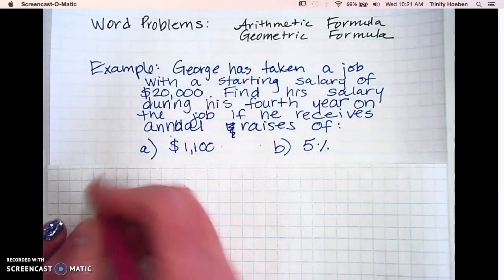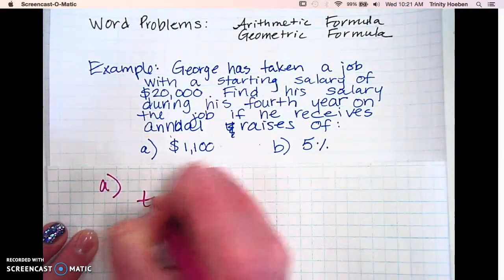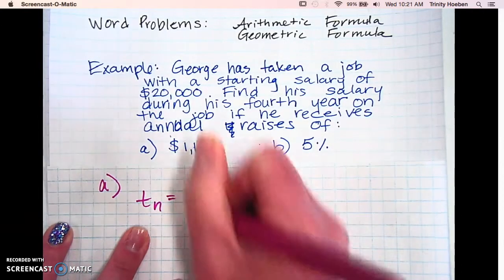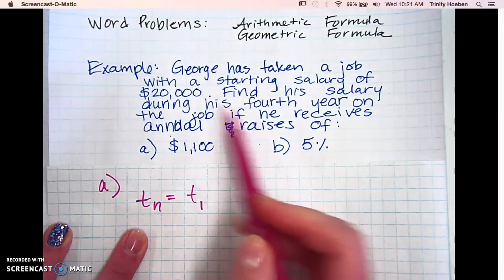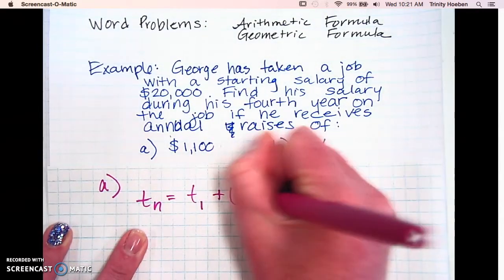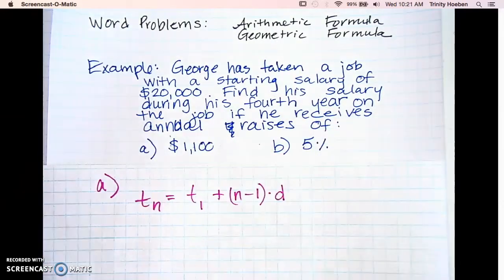All right, so for part A, we're going to start with the formula for the nth term, starting with the first term, which in that case will be his $20,000, plus n minus 1 times d. All right?